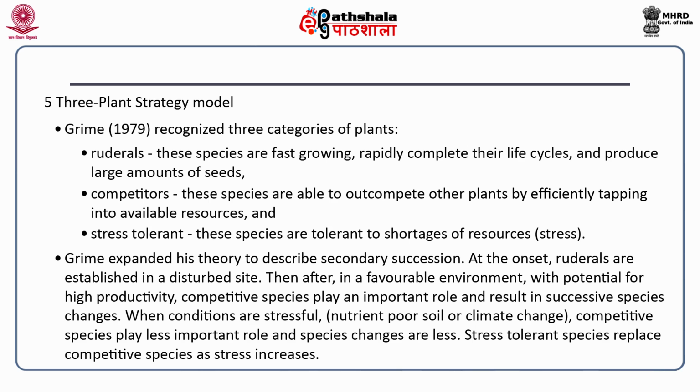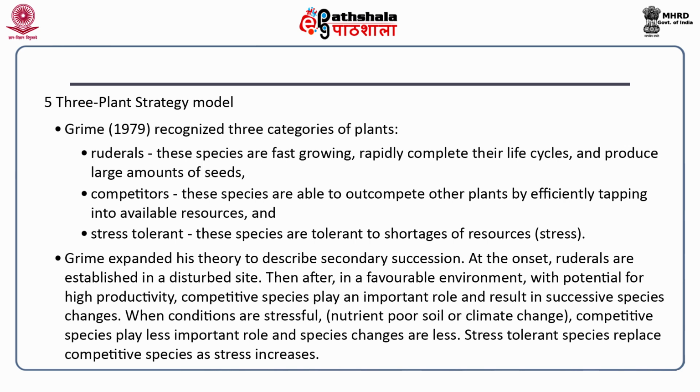Grime expanded his theory to describe secondary succession. At the onset, ruderals are established in a disturbed site. Thereafter, in a favorable environment with potential for high productivity, competitive species play an important role and result in successive species changes.